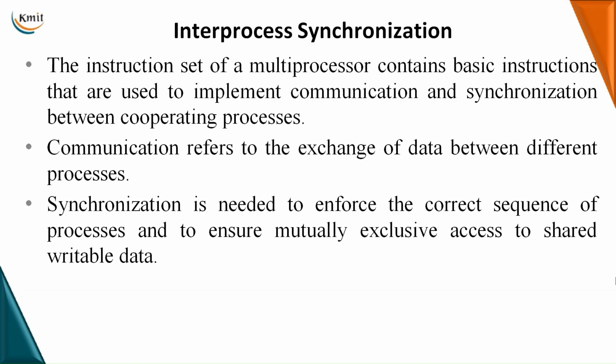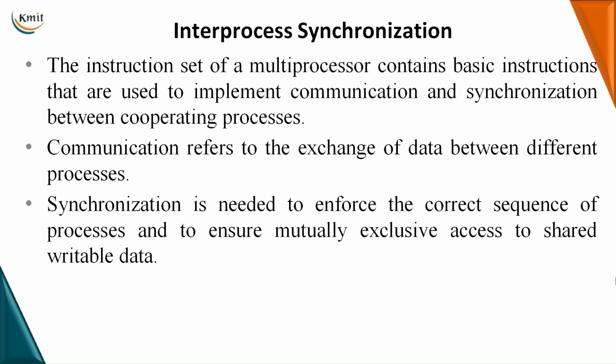Those are called independent processes. Cooperating processes are those whose execution depends upon other processes. They communicate with each other or share some common resources, so the execution of one process depends upon the other processes. That is called a cooperating process.